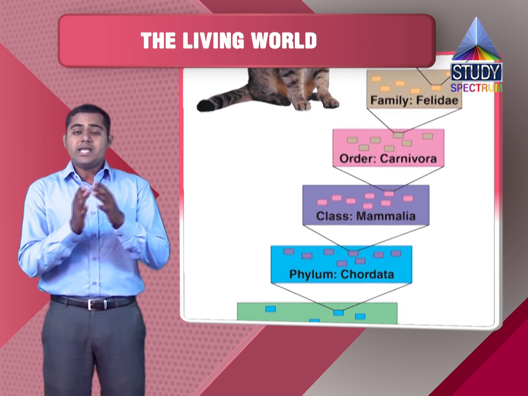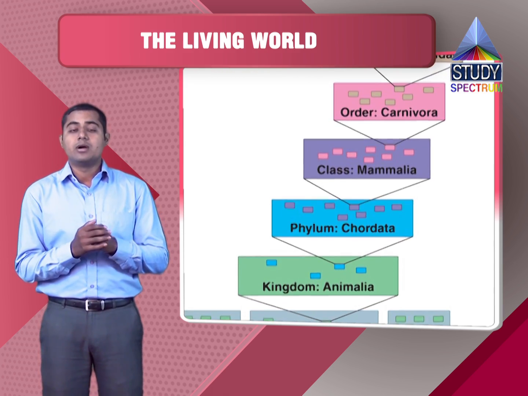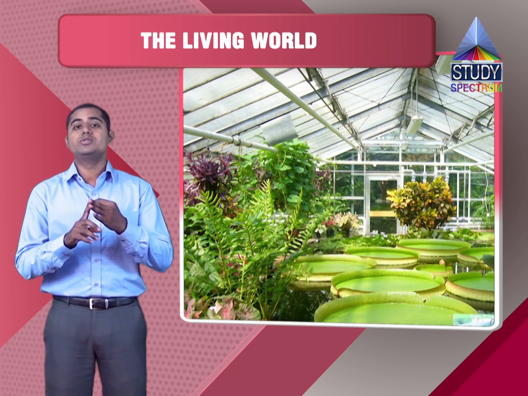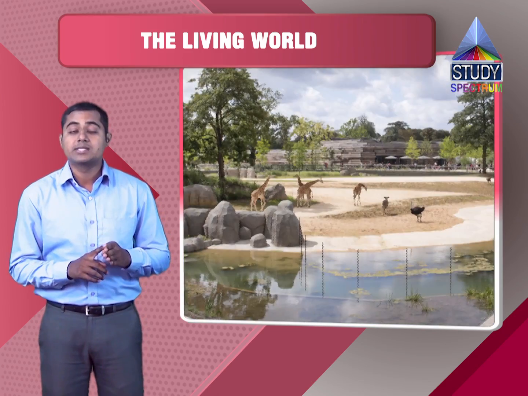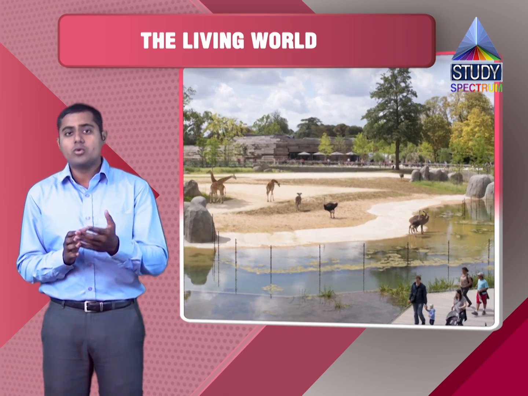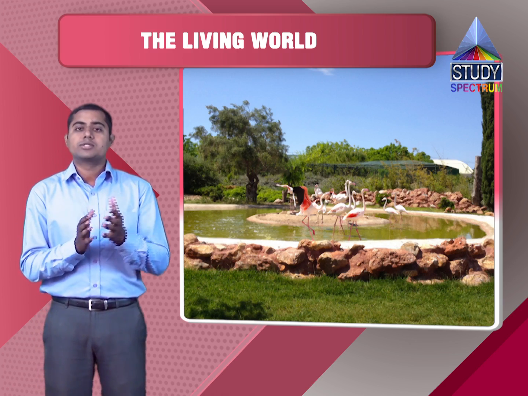So all the aids we are talking about to get to know this taxonomic categorization better are herbarium, botanical gardens, museum, zoological parks, keys, and apart from those there are also a few other aids like monographs.